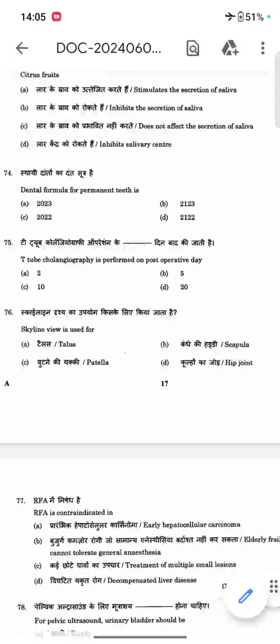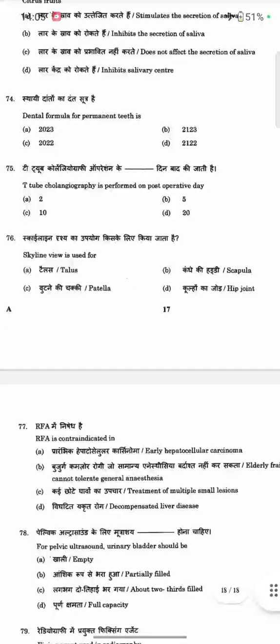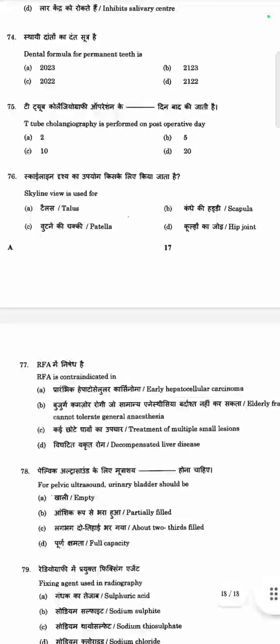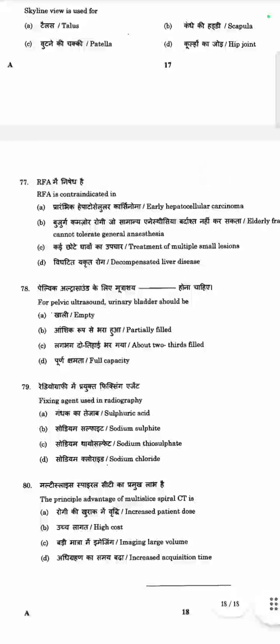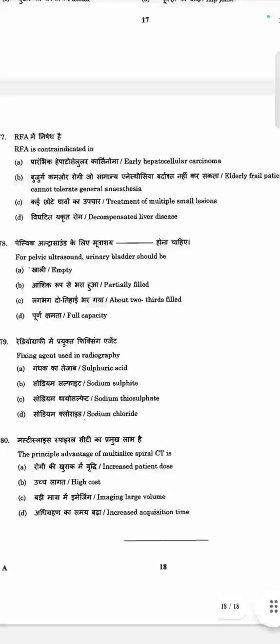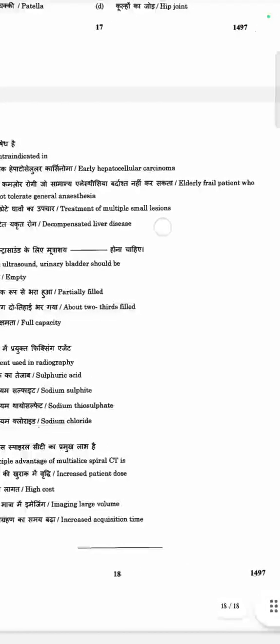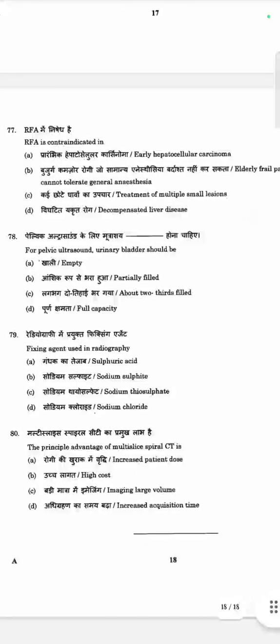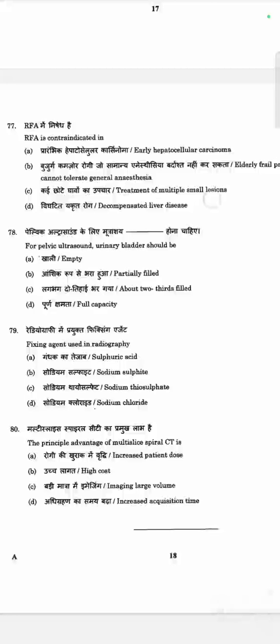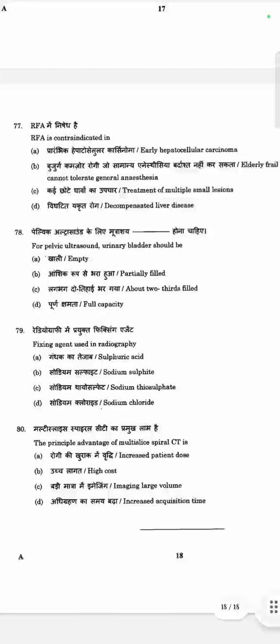Dental formula for... 2123, B. Skyline view with the patella. RFA is the treatment for elderly patients who cannot tolerate general anesthesia. So the correct answer: treatment of multiple lesions, small lesions, early hepatocellular carcinoma, RFA contraindication.